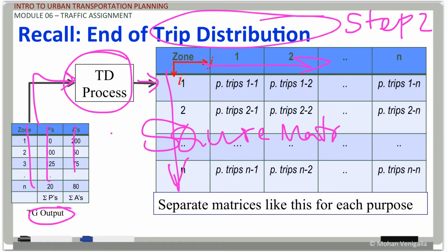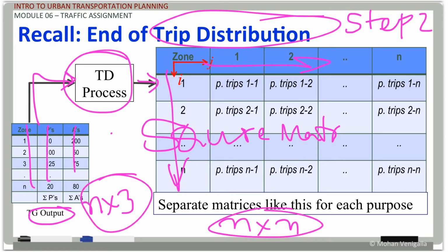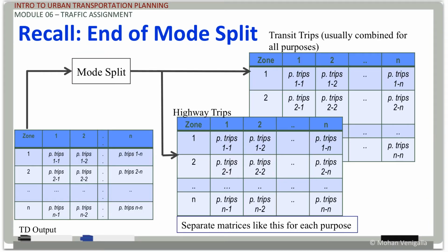N times n, this is n times n, this is n times 3. So that's the difference. Now, one of the most important things you have to keep remembering is here we have person trips as well as here person trips. We haven't gone to the vehicle trips yet.